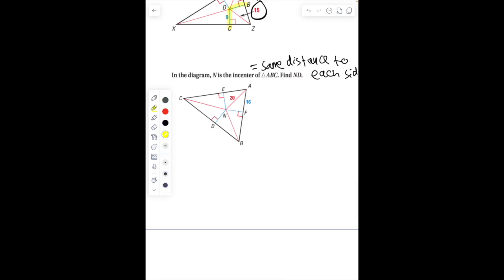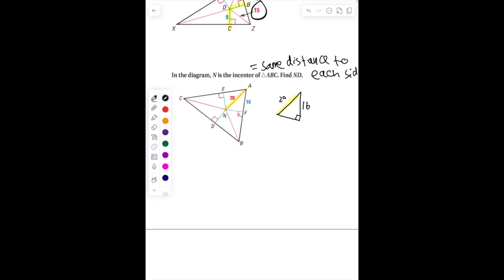So I know that this side right here, my hypotenuse, if I were to draw it, I can pull it out. Always, always, always recommend doing that. This part right here is 20. That's my hypotenuse. Because I have a right angle below, I know that this is also a right angle, and this side is 16.